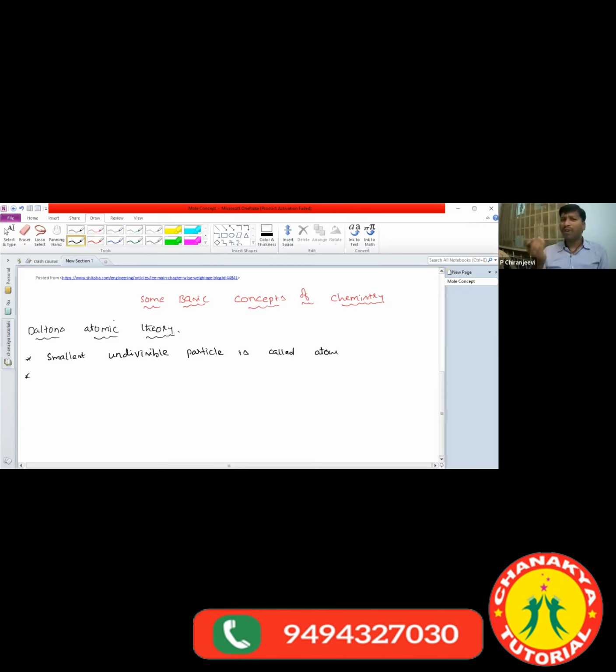Carbon is a solid, oxygen is a gas. There we see the different physical properties. That means the atoms of different elements have different physical properties and chemical properties. Now you got the clarity, all of you.